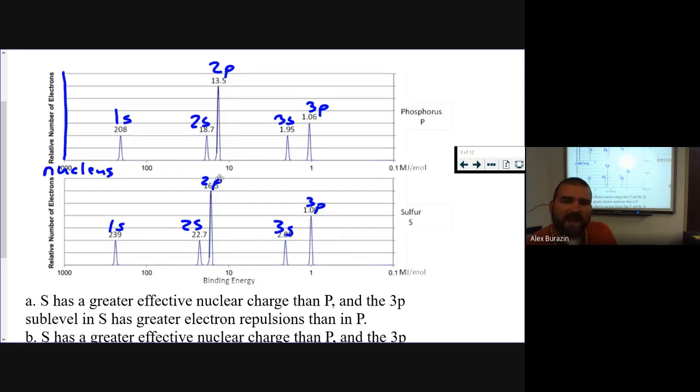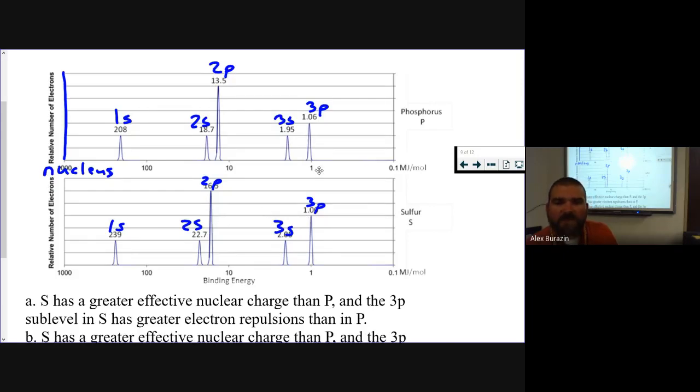So this makes sense. And the reason why the 2p orbitals make sense is because sulfur has more protons, right? Going to the same explanation we used earlier. Sulfur's got more protons in its nucleus than phosphorus. We would totally expect that its electrons should be held more tightly, or in other words, should require more energy to remove them.